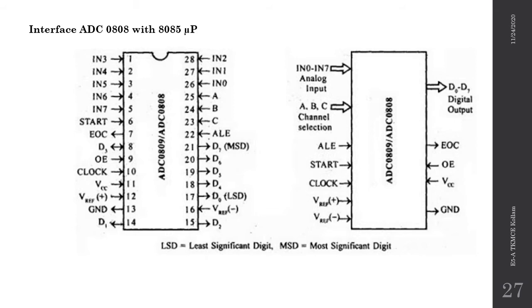ADC-0808 is an 8-bit ADC with 8 multiplexed input channels which are selected by address lines A, B and C. It is a highly versatile device and is found in a wide range of applications like data acquisition systems, microprocessor based instrumentation systems, control, etc. It operates on a plus 5 volt supply and the input range is 0 to 5 volt.